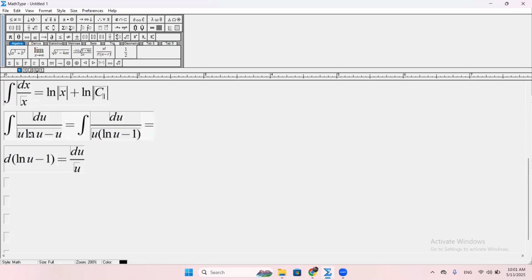This integral is really simple, simpler than we thought before. So what I have here is the following integral, and I will receive logarithm of logarithm.